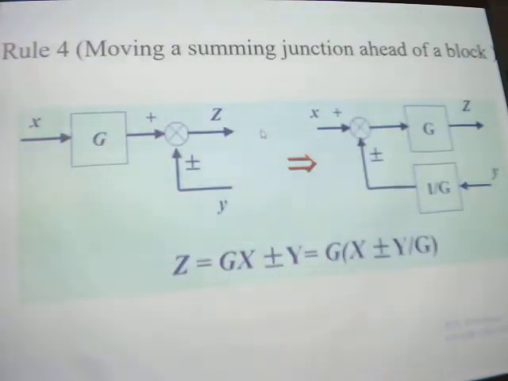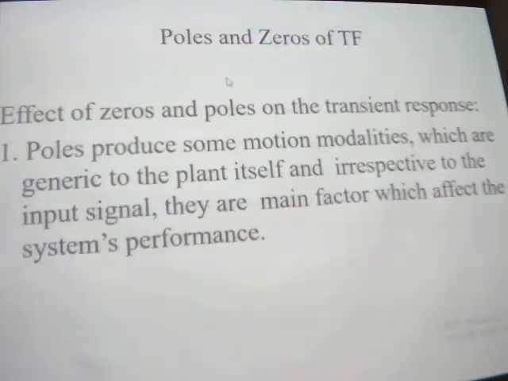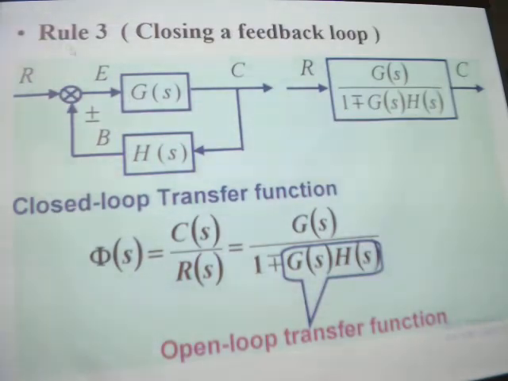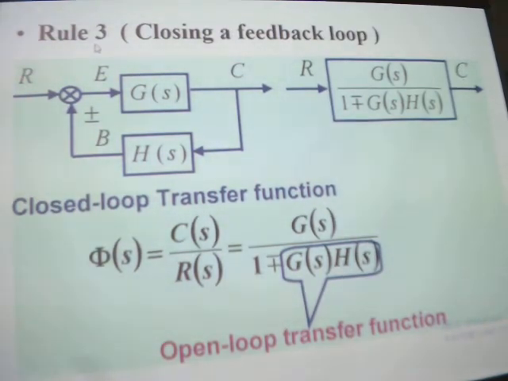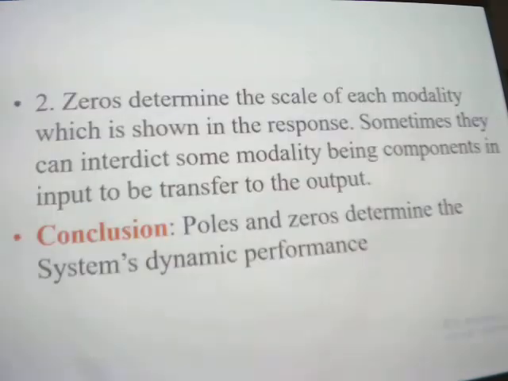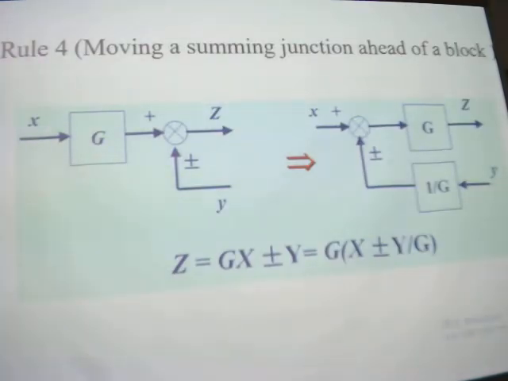Now, we can see here, these are the rules of the systems, the four rules. We have studied three rules here. The third rule. And the fourth rule is to move a semi-junction, a branch point, of a block.